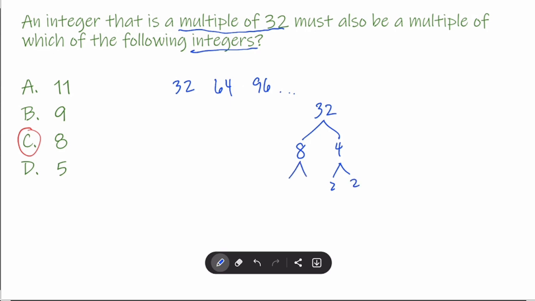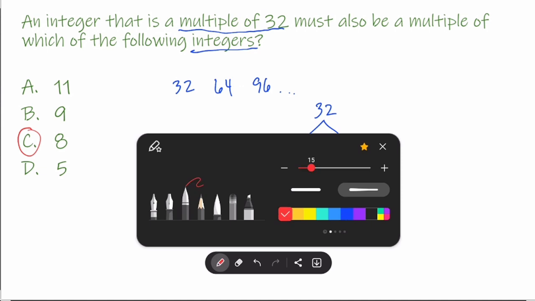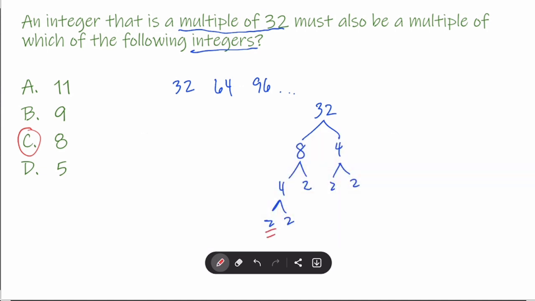And 8 can be separated as 4 times 2, where 4 can be separated as 2 and 2. So these are the possible factors of 32. We have 2, 4, and 8, and also 1, of course.